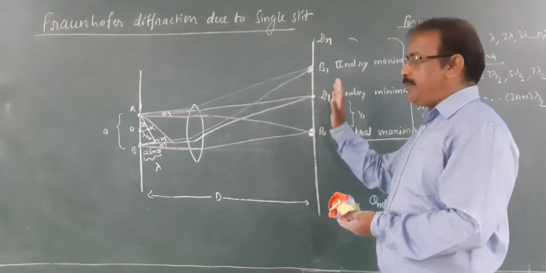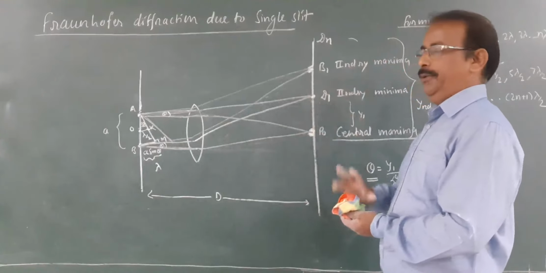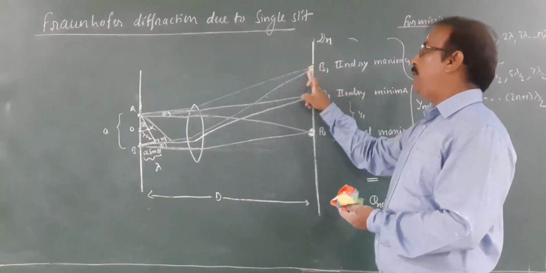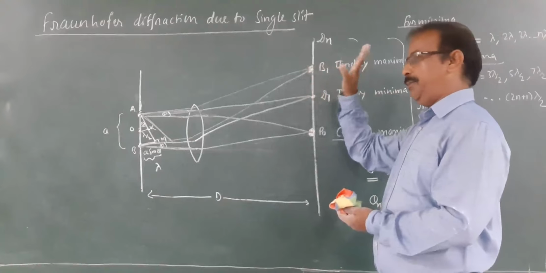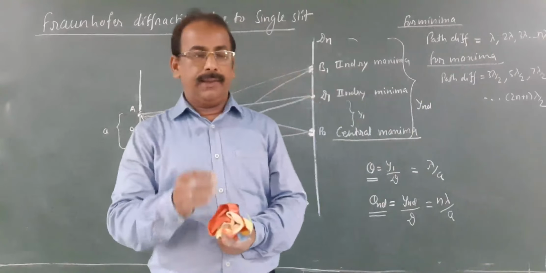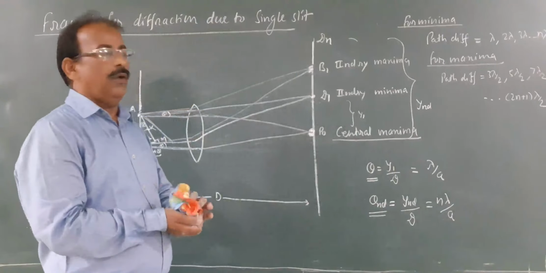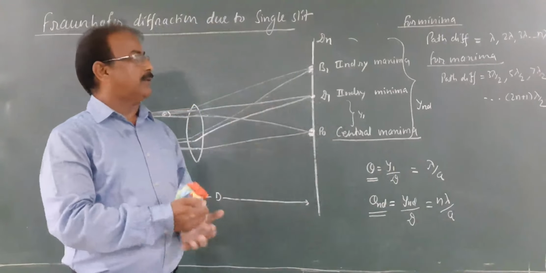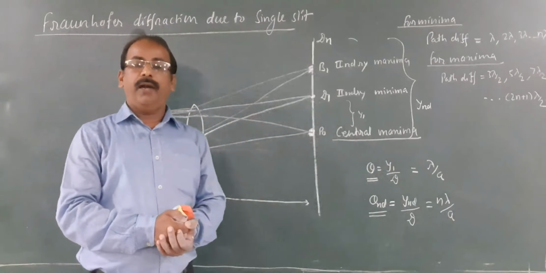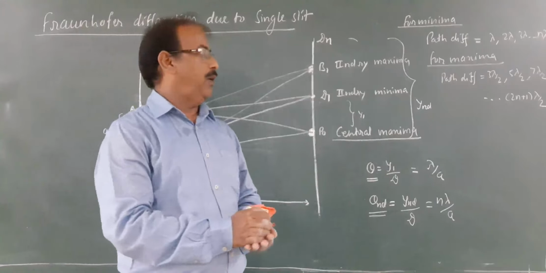They will not cancel out. Therefore, we observe some brightness at such a position. This brightness is nothing but secondary maxima.